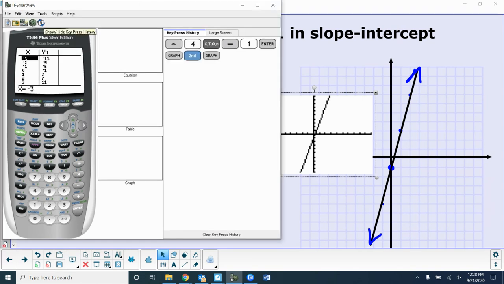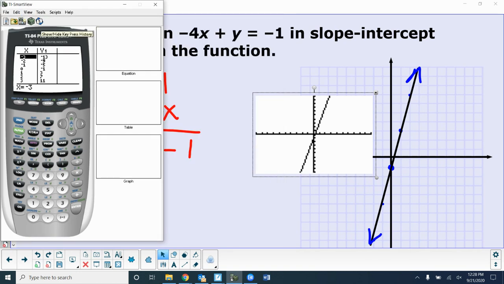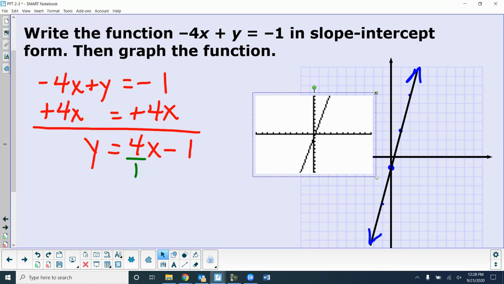Sometimes it'll show here on the side the equation, the table, and the graph. But here's our table of values. There's a bunch of points we can plot. Okay? We'll start using this calculator very soon, and it'll help us do some graphs and look at some things. Any questions?